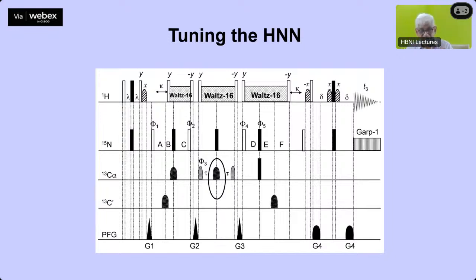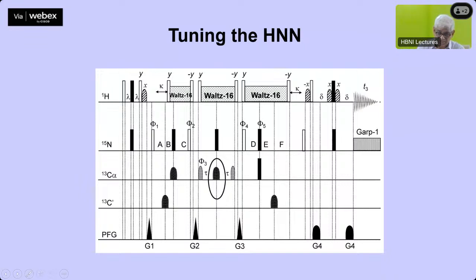You can make the alanines also behave like glycines, or you can make the serines and threonines behave like glycines because they have very distinct C beta chemical shifts, and you can apply selective pulses to the C beta chemical shifts. That is done by manipulating this pulse here in the middle.